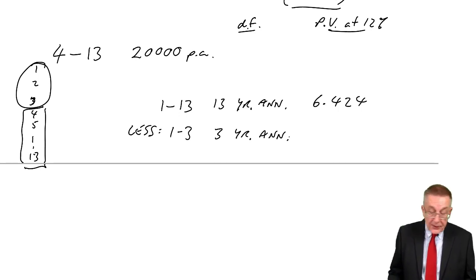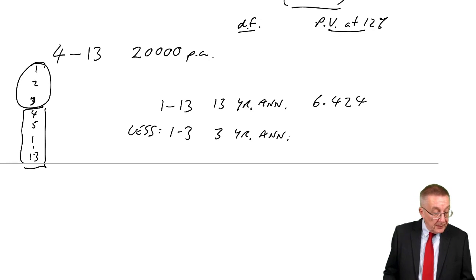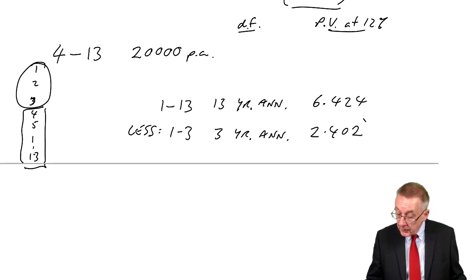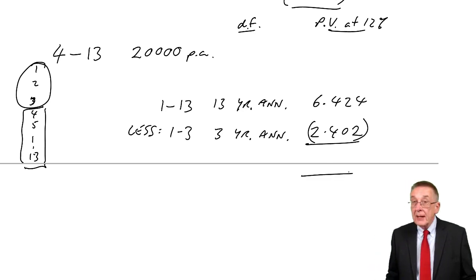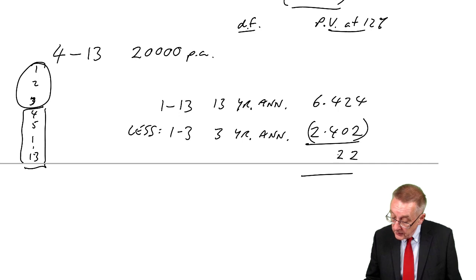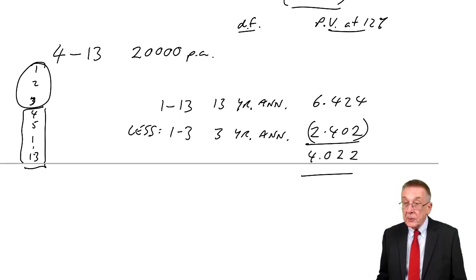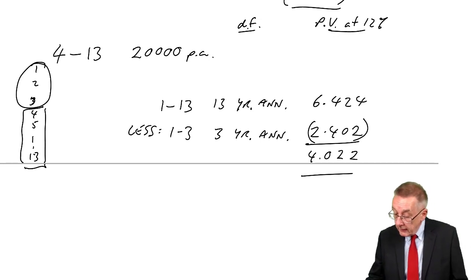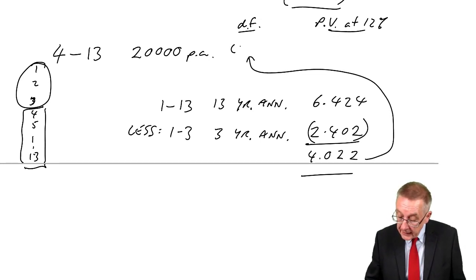And again, from the tables, 12% 3 years is 2.402. Take that out, and what are we left with? 4.022. That is the total for 4 to 13.